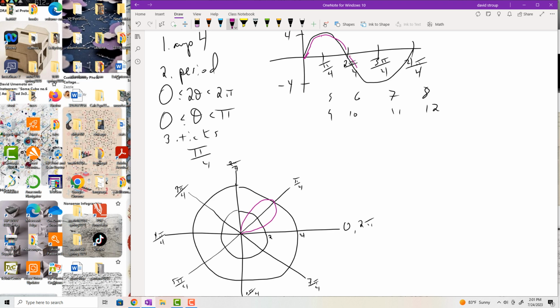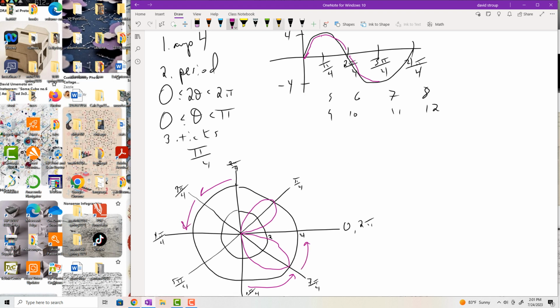Okay? And then from 2 pi over 4 to 3 pi over 4, it's going to go negative. So this sector is actually going to be drawn out in this bottom sector. Okay? So it's going to increase firstly to -4, like this. And then it's going to decrease back to 0, going from 3 pi over 4 to 4 pi over 4 in this region.